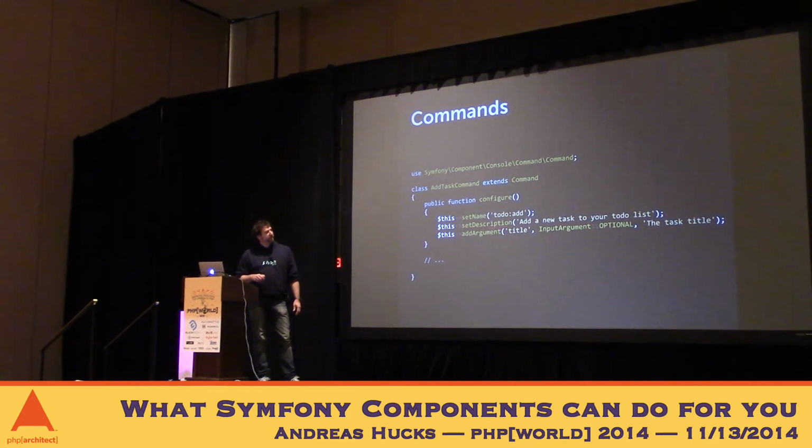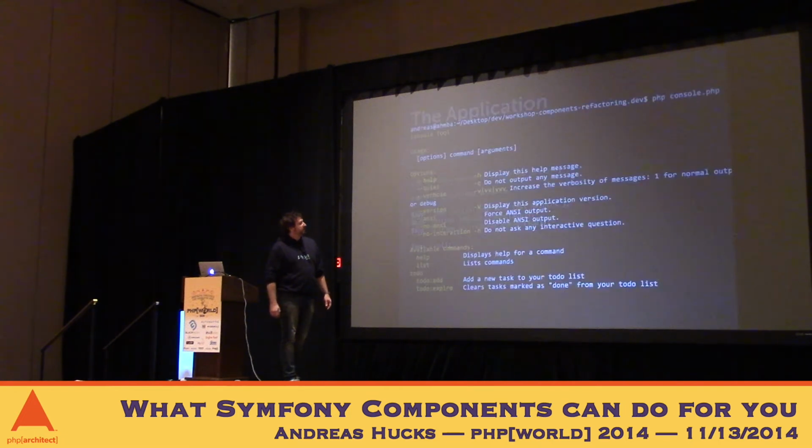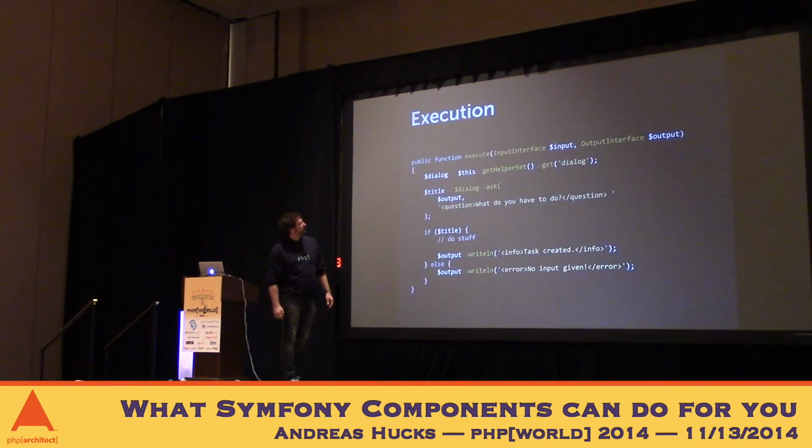I add a description as a help text, and I add an argument called title that I can access later on in the second method that I need to implement, and that would be the execute method.